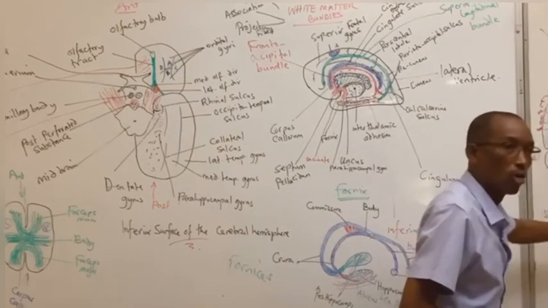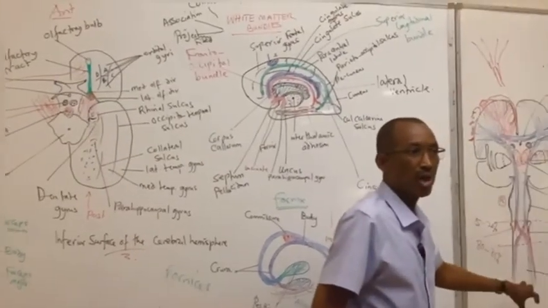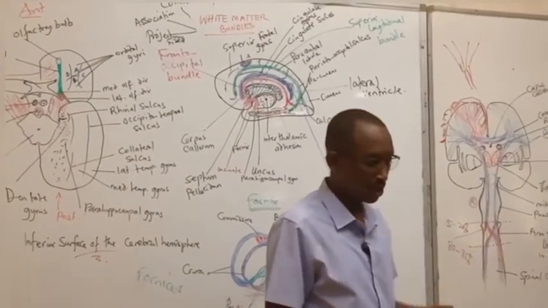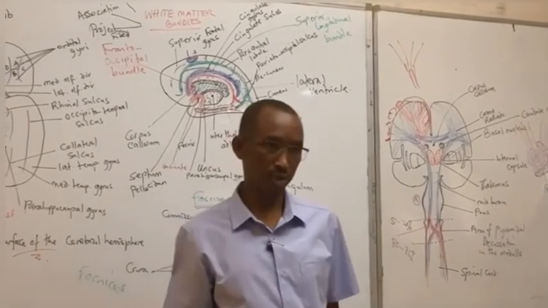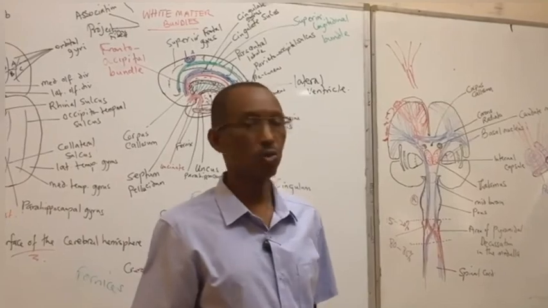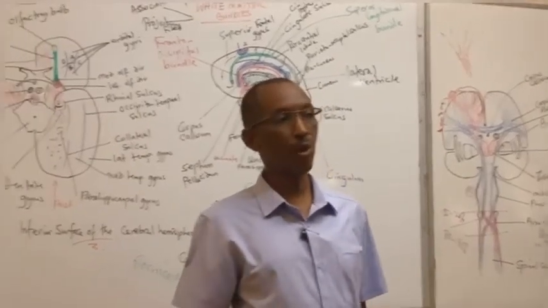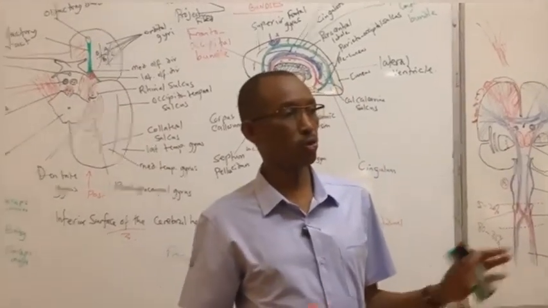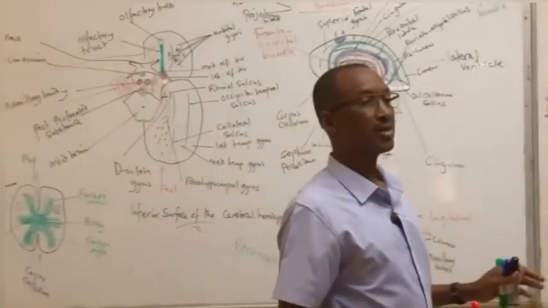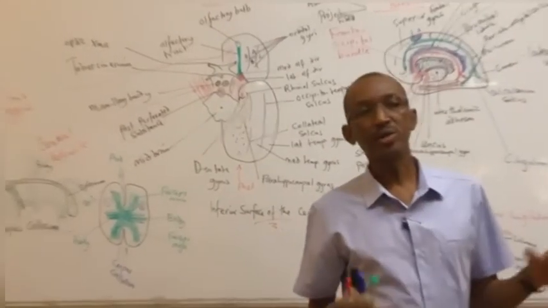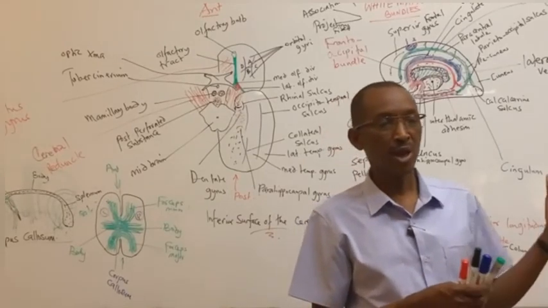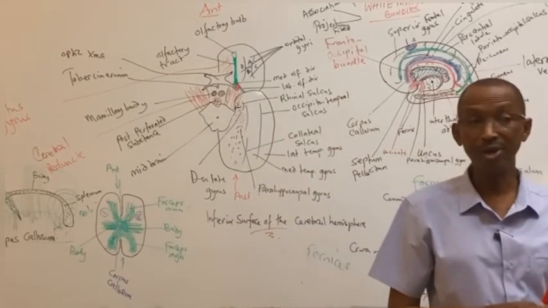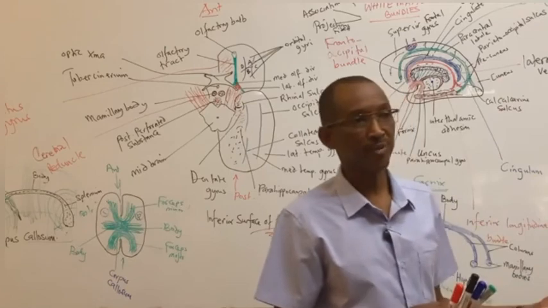They go into the spinal cord, and we will see where they terminate when we come to discuss the spinal cord. Are you clear? Good. So I think we will stop now, and next time we are going to discuss the intracerebral structures. Now we've finished with the white matter bundles of the cerebral hemisphere.